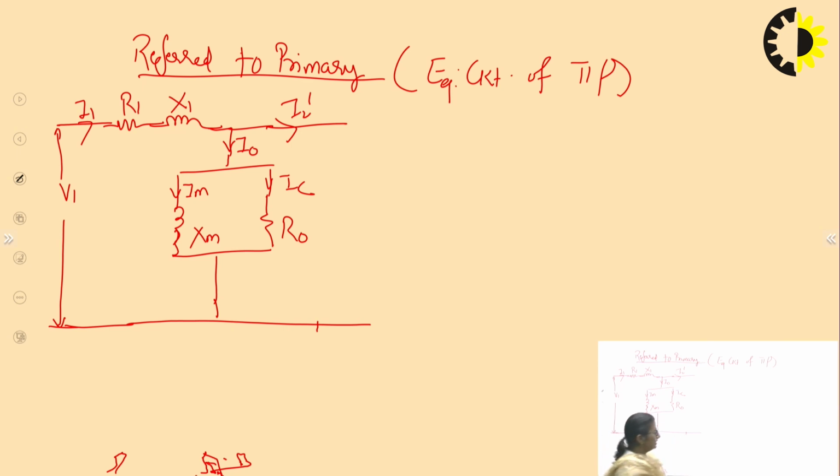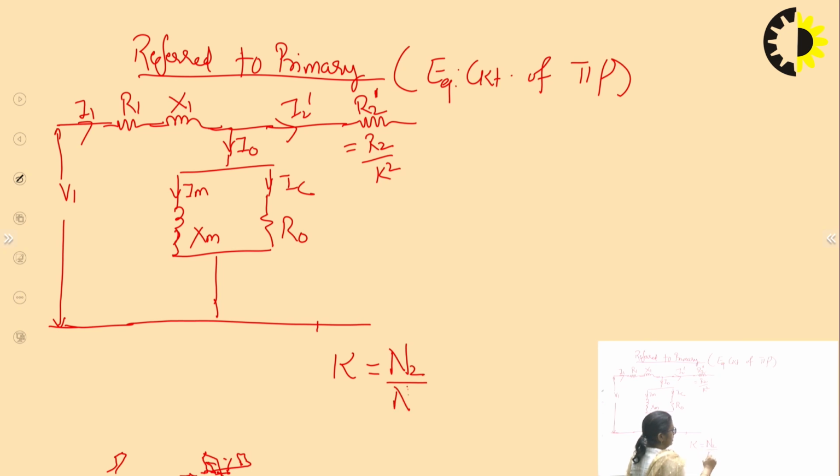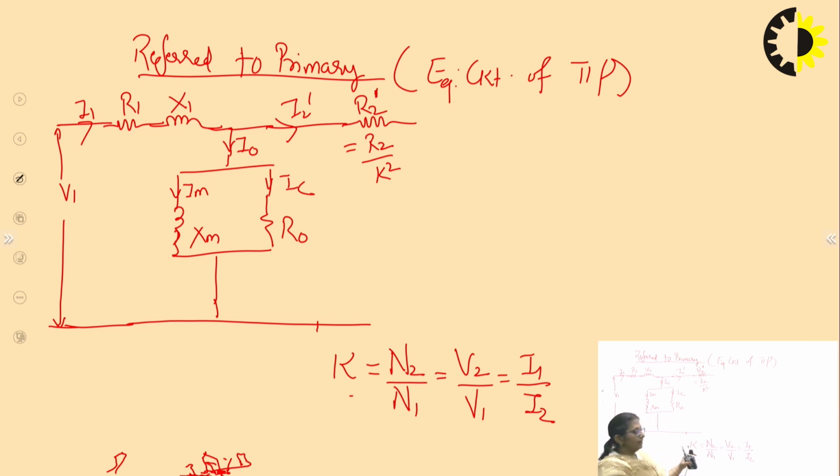The secondary resistance turns into a new resistance R2 dash, and its value changes to R2 by K square. What is K? K is the transformation ratio of the transformer, defined as secondary turns by primary turns, or secondary voltage by primary voltage, or primary current by secondary current. We call it the turns ratio, current ratio, voltage ratio, and finally the transformation ratio.